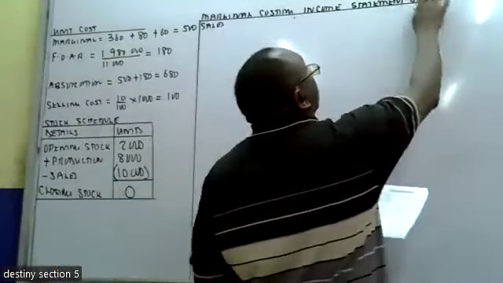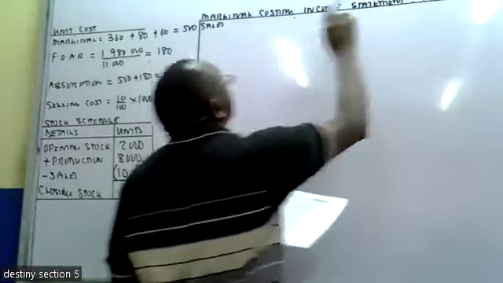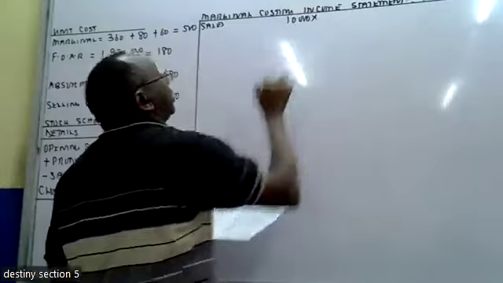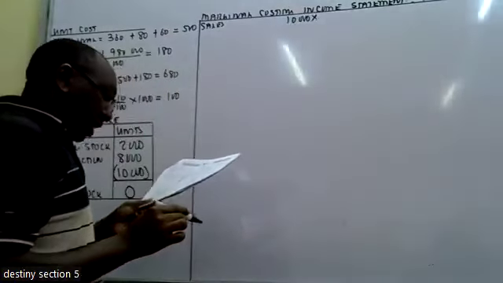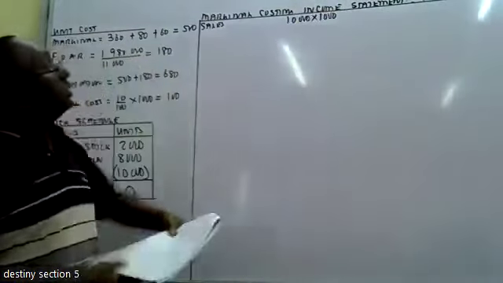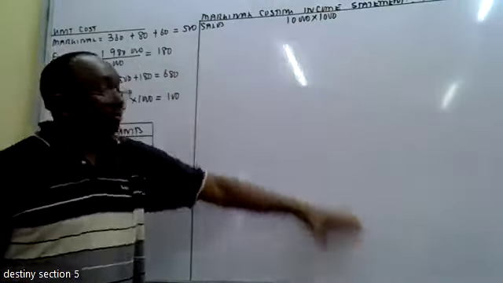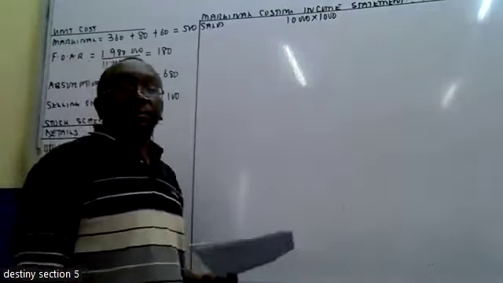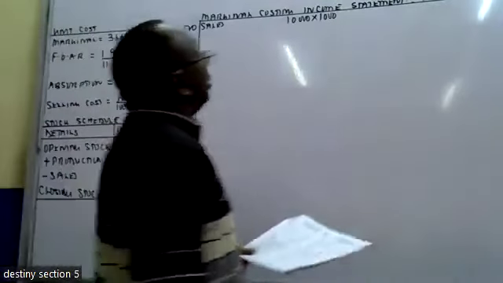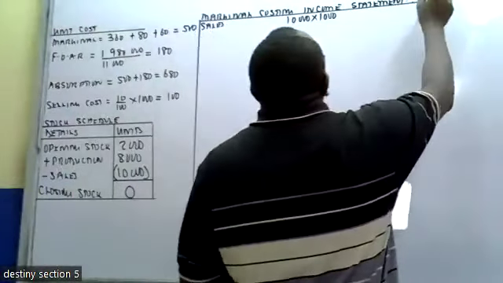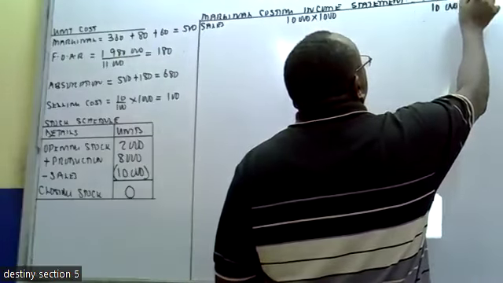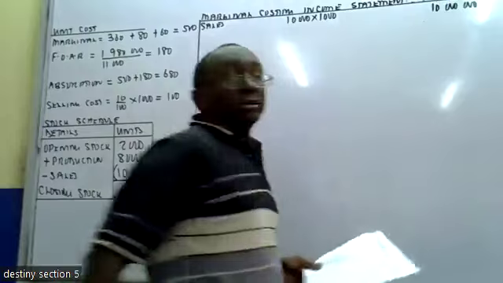Either can do it. So it is 10,000 times the selling price of 1,000. So that we call working stuff. That is what? 10 million. $10 million.